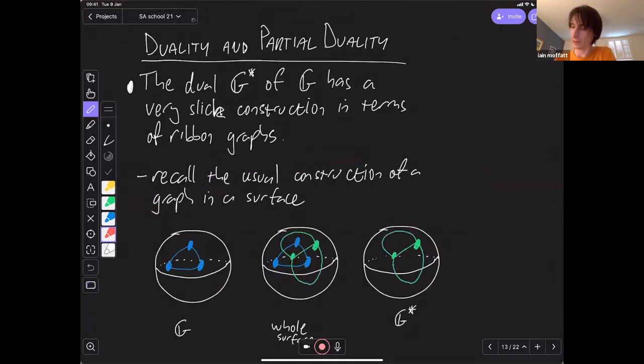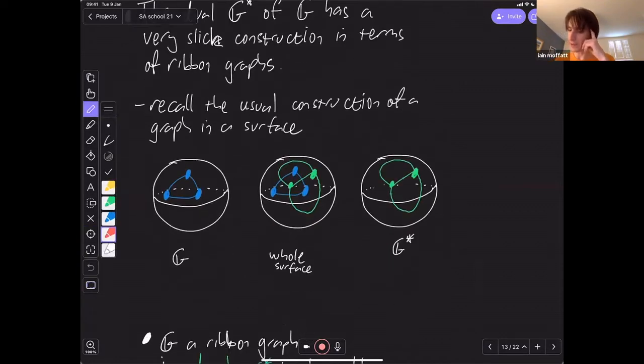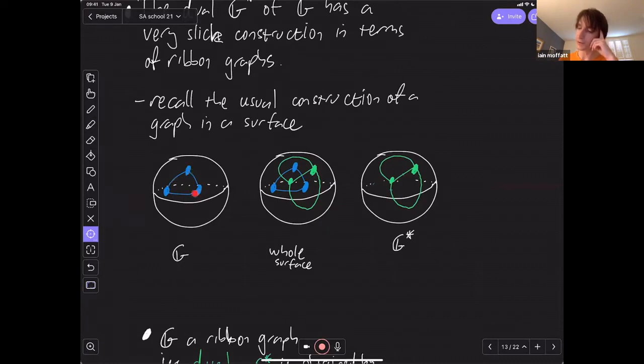So what does duality look like in terms of a ribbon graph? Okay. Well, it's a really, really slick construction that relies upon this classification of surfaces. So kind of it starts with the observation. So if I was just going to form the dual that we saw before of a graph embedded in the plane, or let's make it a sphere because that's more convenient. So I throw 1 vertex in each of the faces and the edges between the faces whenever they're separated by an edge, like so.